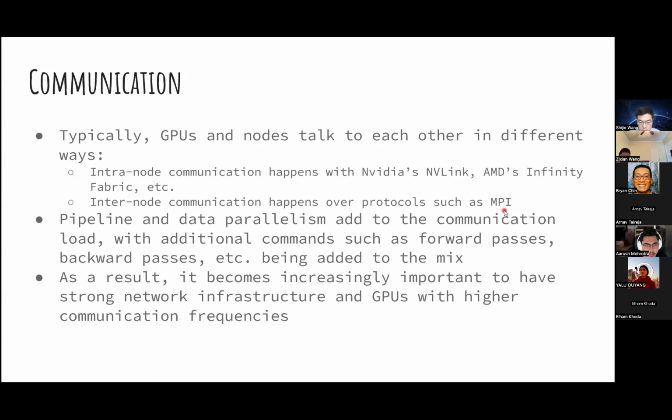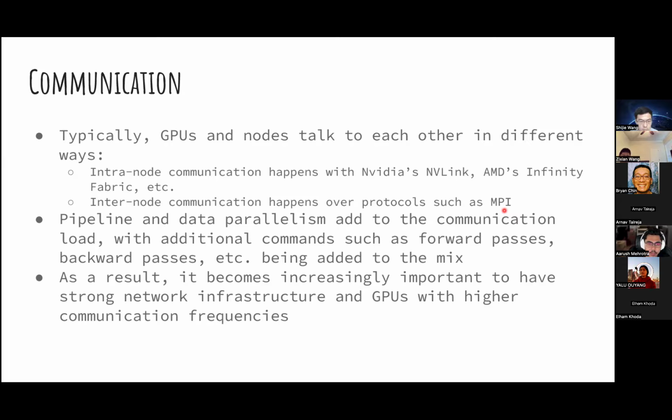And when we implement pipeline and data parallelism, there's additional communication load from commands such as the forward and backward passes that were mentioned. These add to the communication load, but they reduce other loads.